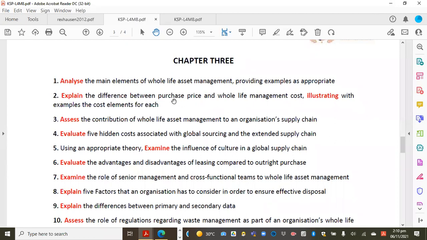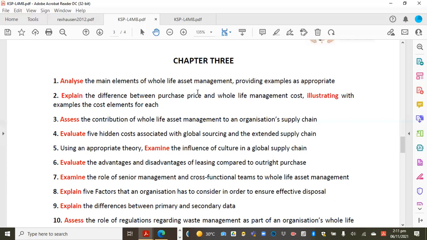Okay, so when we talk about purchase price, it is just one element of the item, which looks at how much they are supposed to pay to acquire the item. That's the purchase price. But the whole life management cost does not look at only price. It looks at all the costs that we considered beneath the iceberg.